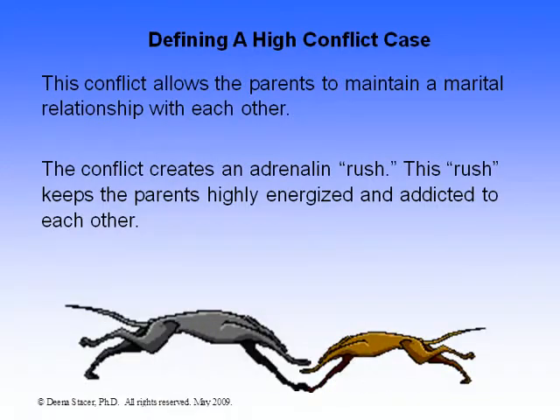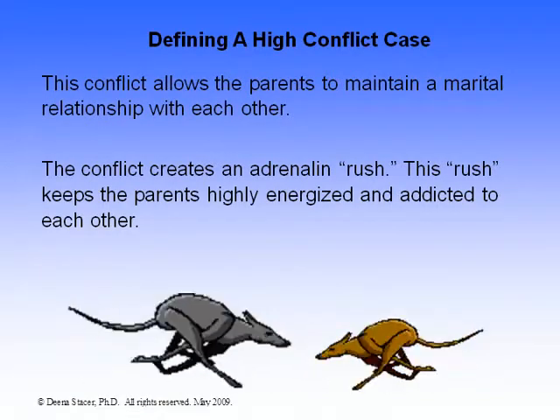The rush keeps the parents highly energized and addicted to each other. So conflict actually serves a lot of purposes. It allows parents to stay engaged with each other. It allows parents to carry the marital battle on to see who's right and who's wrong. It allows somebody who's terribly frightened of being all alone to stay engaged so they don't have those feelings.